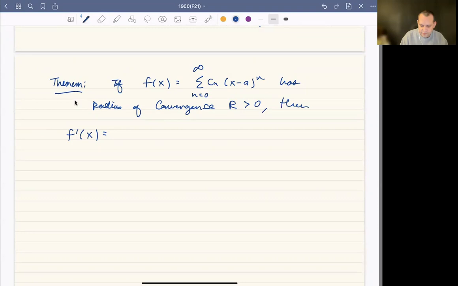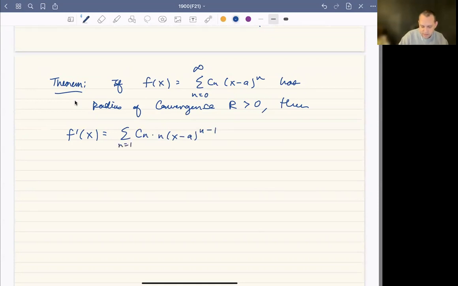In other words, the derivative is going to work basically like you would differentiate a polynomial. The constants stay, the power comes down in front, so that n goes in front. So it's going to be n times x minus a to the n minus 1.